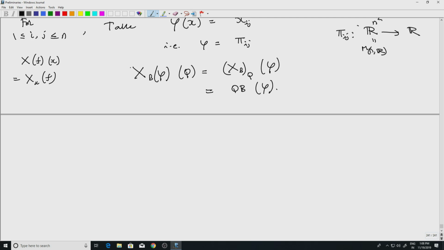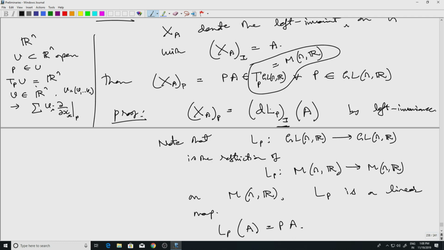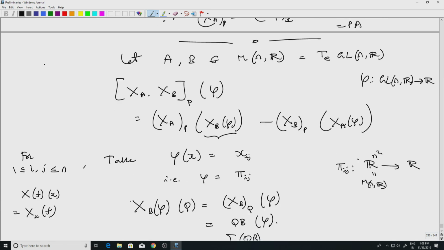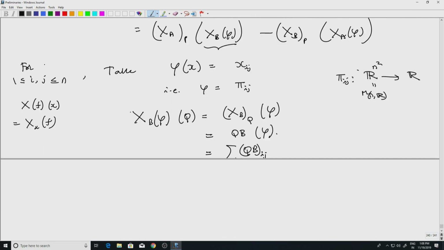But first let me write the general expression. This is QB, the coordinates of this element of Rn squared, QBij. It's exactly like what I wrote here, and it would be del by del xij of phi. Now the main point here is that this is evaluated at the point Q.